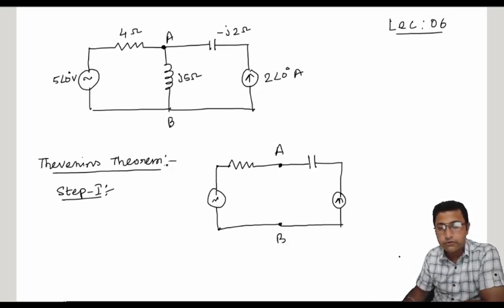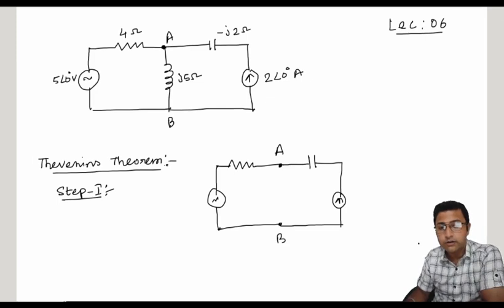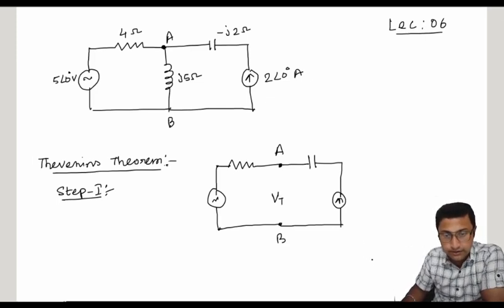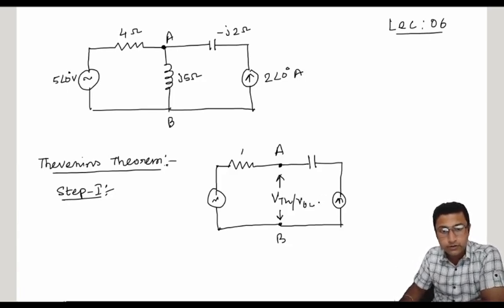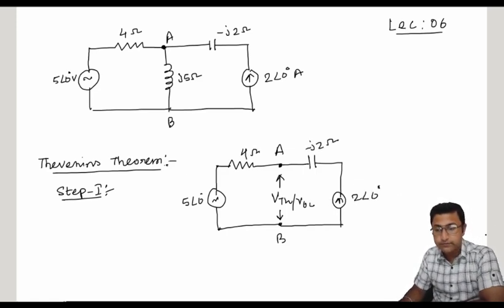Now we have to find the open circuit voltage, that is VTH or VOC, at that open circuit terminal. This voltage is known as the Thevenin voltage or V open circuit. So this is 5 at an angle 0, 4 ohm, minus j2 ohm and 2 at an angle 0.